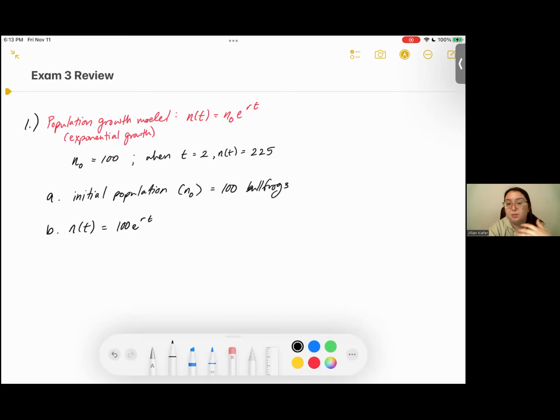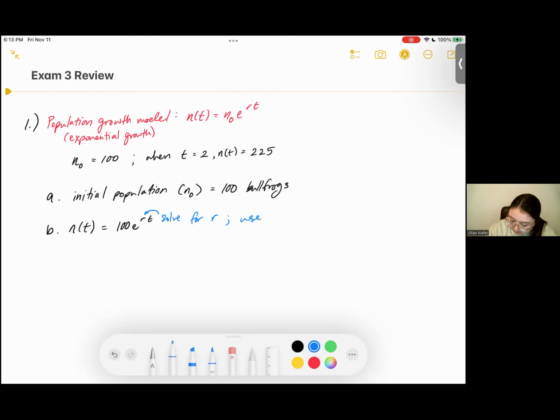So N of t and t do not have to be defined, because typically we would say, oh, my population is this, find the time, or the time is this, find the population. In that case, the last thing we need is R. So for part B, we need to solve for R. And the only way to do that is to use the information that we were given, which was that extra data point.